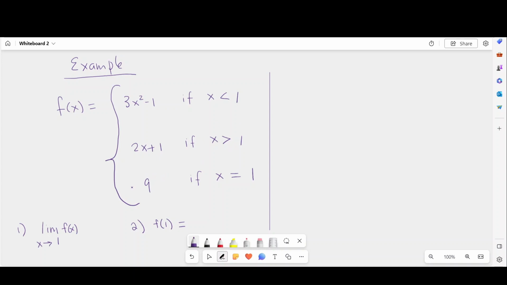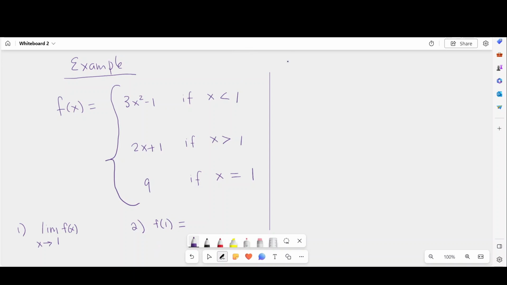And we consider f of x equals 9 if x equals 1. We are going to answer two questions. Firstly, what is the limit of f of x as x approaches 1? And secondly, what is f of 1?